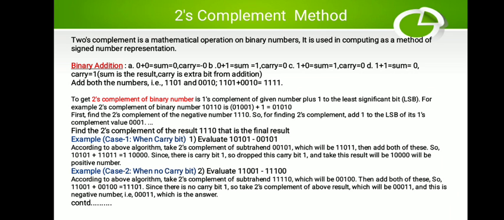Suppose when you subtract, you can subtract either the greater number from the smaller, or the smaller number from the greater. Either way, only the sign changes.